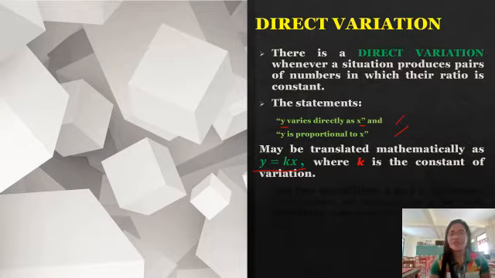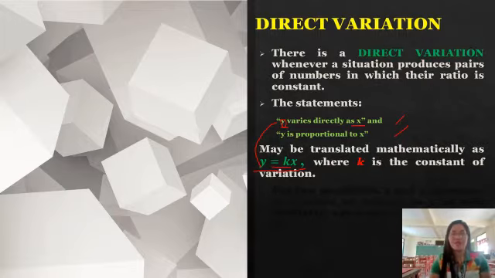Now, if you see the words y varies directly as x, it is written in this mathematical form. You're just going to copy the first letter y, then write immediately after the first variable equals k, where k is a constant, then the second letter x.